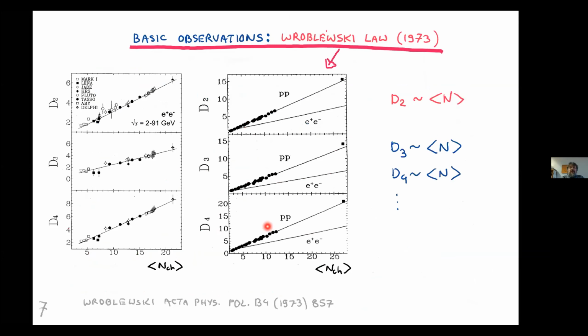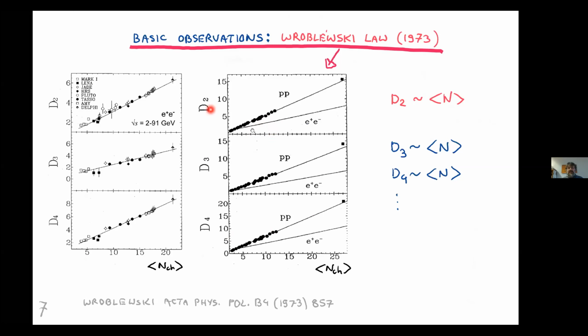Now we go to the basic experimental facts. In '73, Wroblewski formulated the so-called Wroblewski law. He looked at the first data from bubble chamber experiments on pp collisions. Actually, these plots are a more recent compilation, not very recent, but still up-to-date, not the data Wroblewski considered in '73.